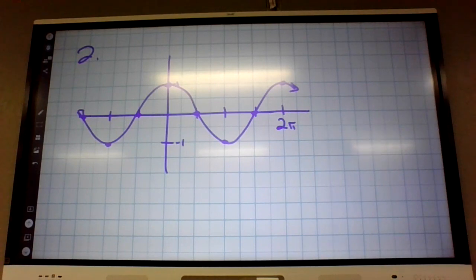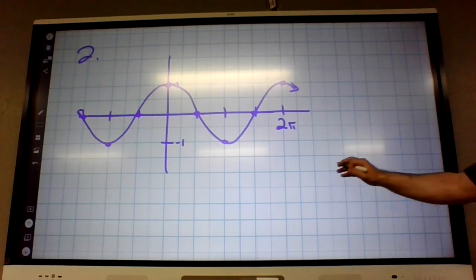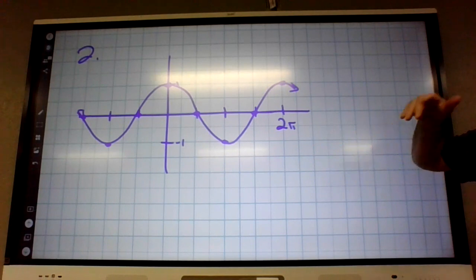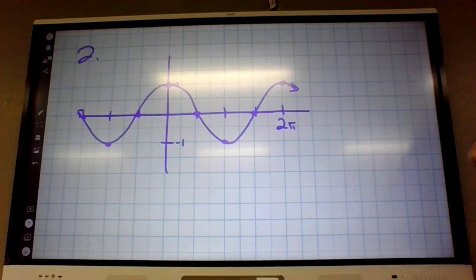I've seen a lot worse. If Katie was here, it'd probably be like this. Mine kind of looks like that. It's like half of that and then the other part is normal.